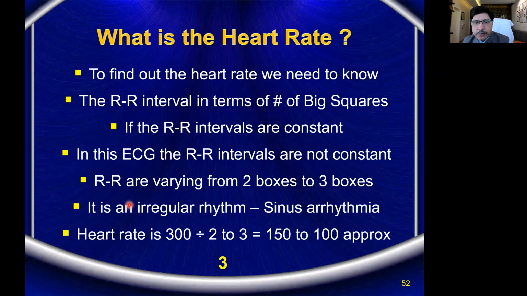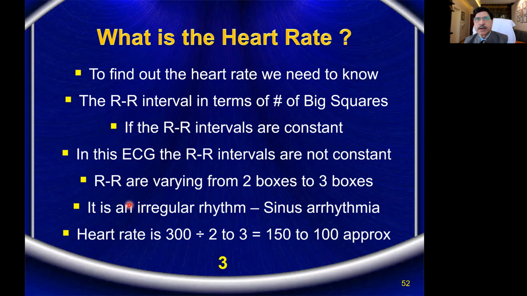Let us recapitulate what we learned in rate determination. For the rate determination, we have to look first whether the RR intervals are constant or not. And then we have to see the distance between the two QRS complexes. If the second QRS complex occurs on the immediate darker line, and the first one is on a darker line, then it is 300.